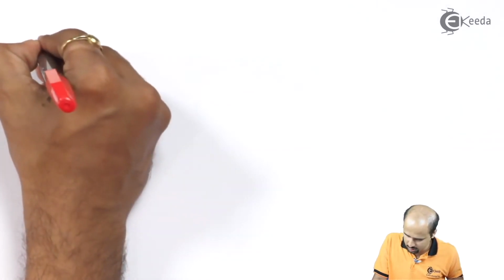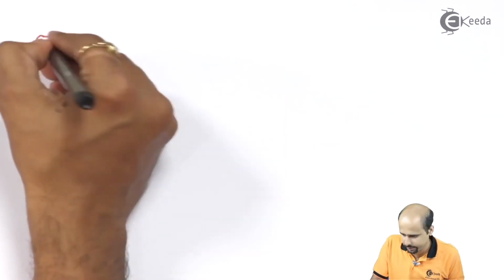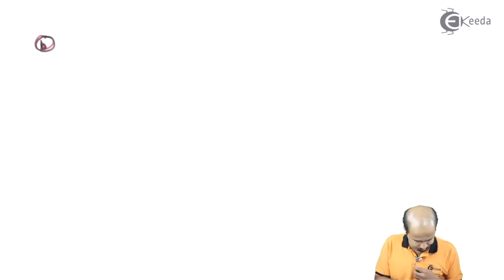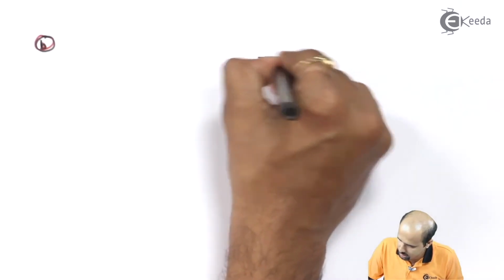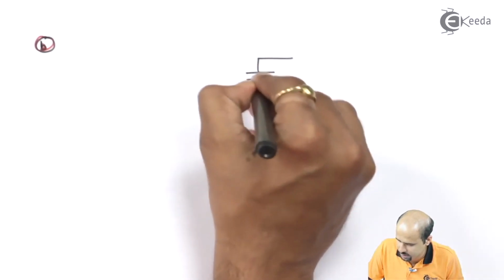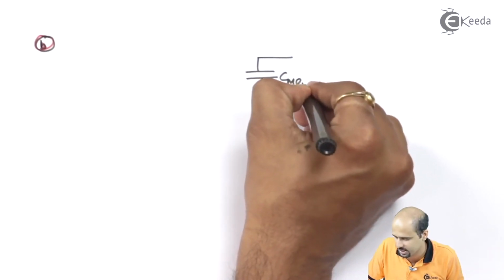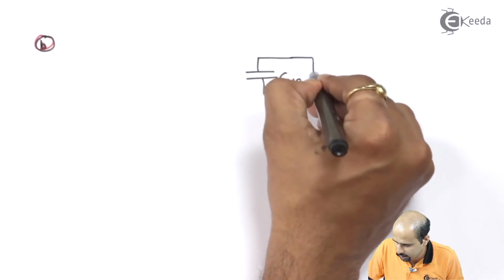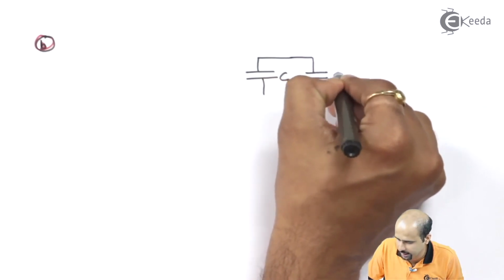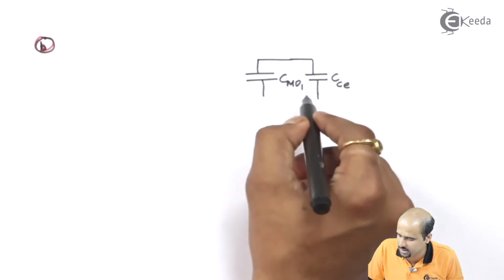Okay, so let's draw this RC network. This is nothing but the B part with the black pen. See all the capacitors at the output side. First of all, we have CMO1, Miller's output capacitance for stage 1, and then the capacitor between the collector and the emitter side, so that will be another capacitor.